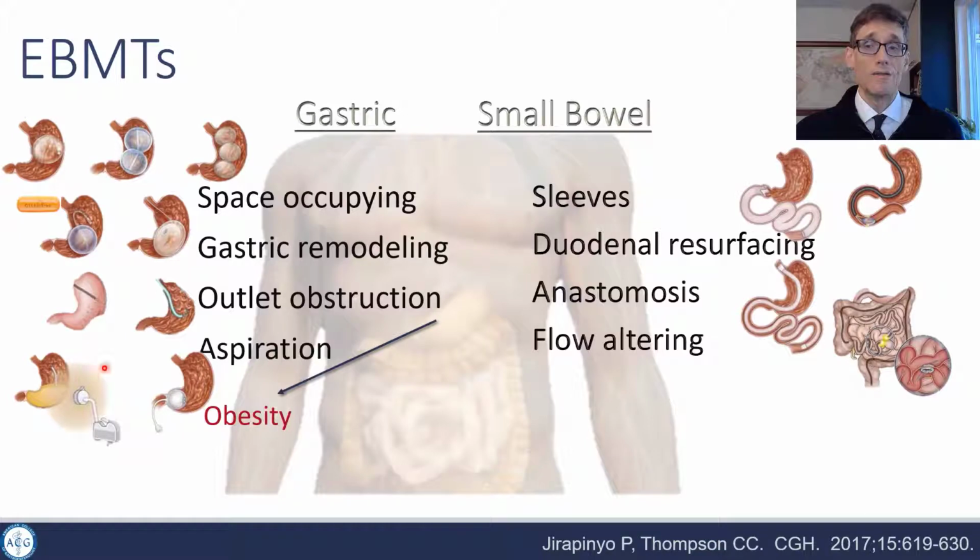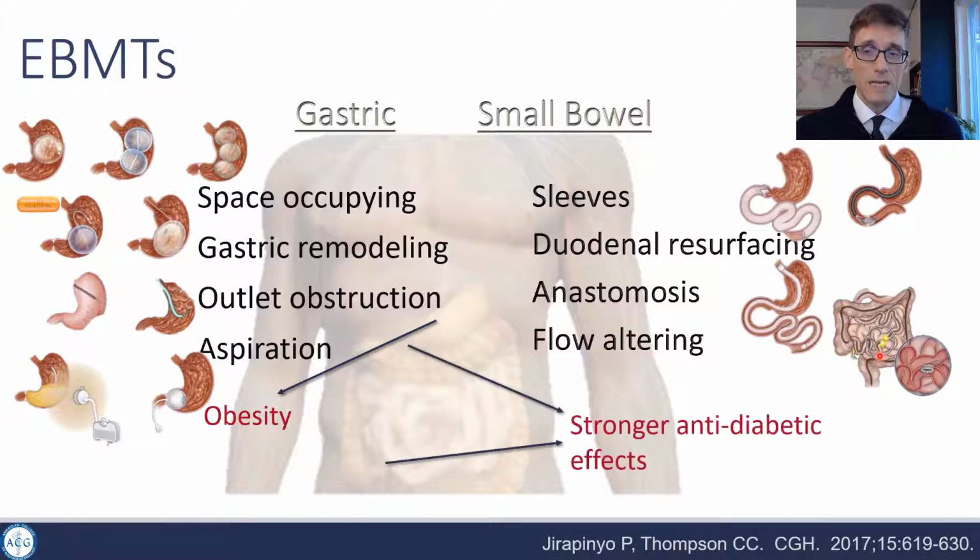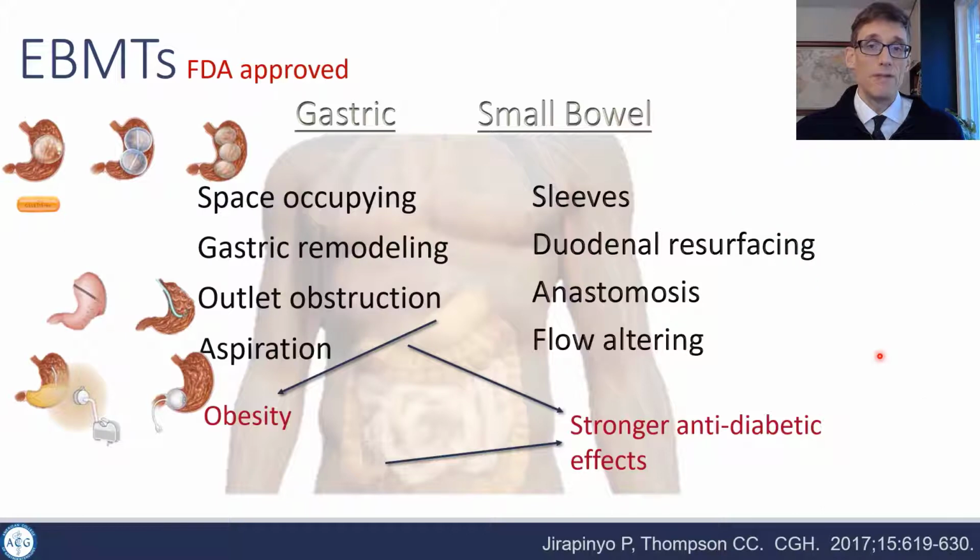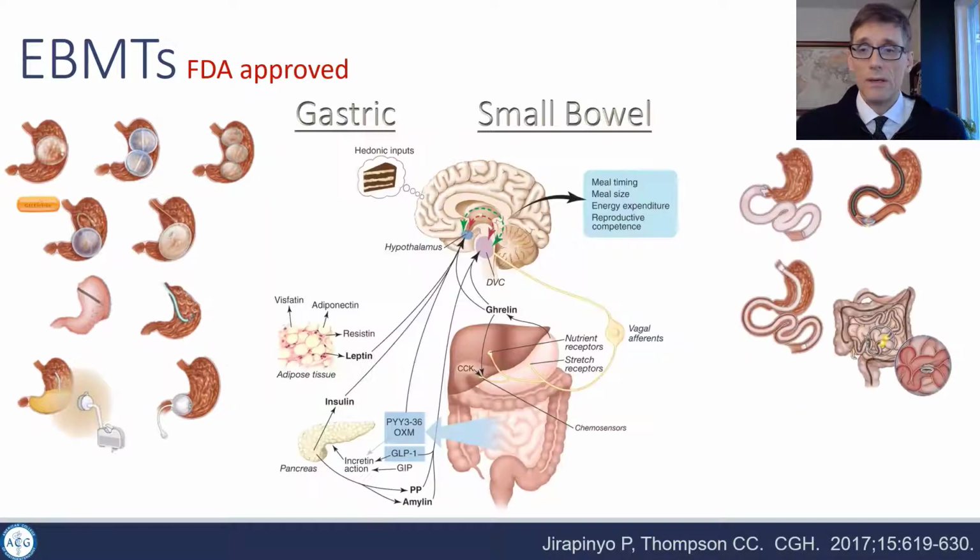And then your small bowel devices, including your liners, duodenal mucosal resurfacing, and anastomotic technologies. And these have strong direct metabolic effects on conditions such as diabetes, and they may also be associated with weight loss as well. And many of these devices are FDA approved now, you see on the left, and we'll be focusing on these first.